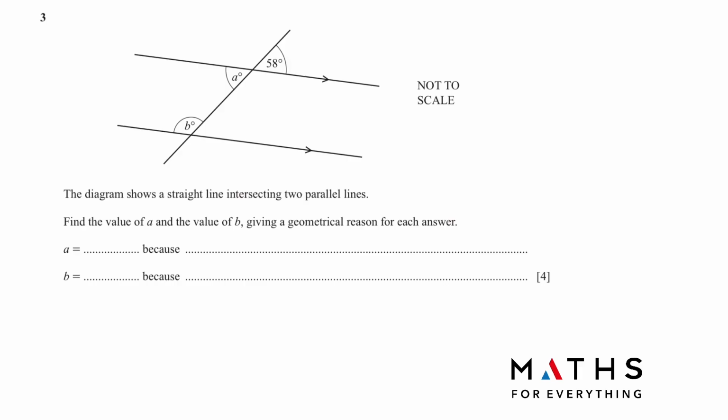The next question. The diagram shows a straight line intersecting two parallel lines. You have to find the value of A and value of B. A is going to be 58 because it is a vertically opposite angle, and vertically opposite angles are the same. What about B?